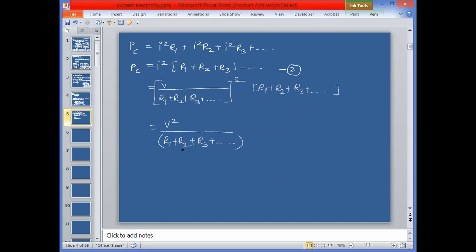This you could have done directly also. That is allowed. We could have done this directly, right? Total potential difference upon total resistance, V square upon R. Total potential difference square upon R. Reply me in the chat box. This we could have written directly. Yes, no?